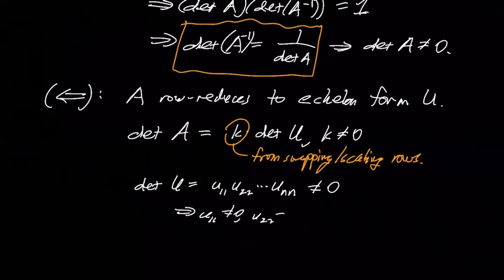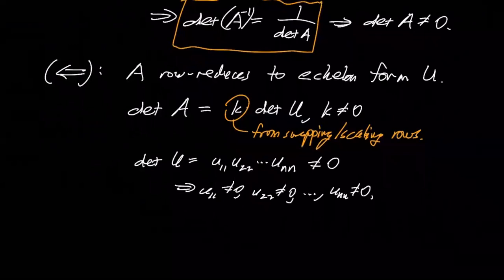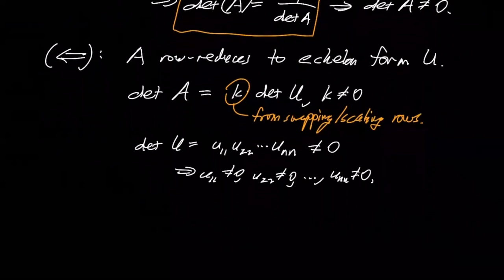U2,2 is not 0, etc. And that means that there's a pivot. The pivots are all where they're supposed to be, right? Because if it was not invertible, you would row reduce and get somewhere where you'd get a free variable column. You wouldn't just move over 1 and down 1 to get the next pivot. And so that means that U has n pivots.